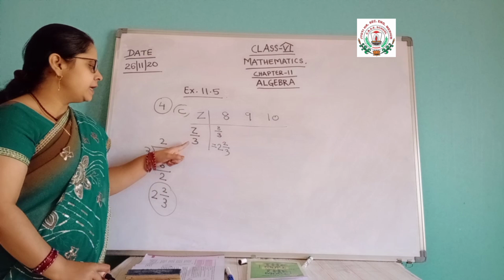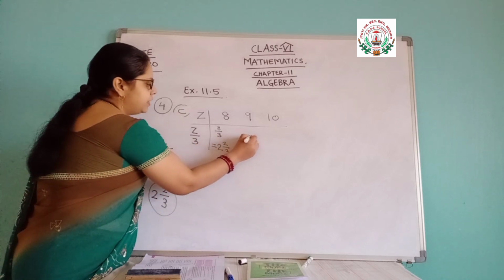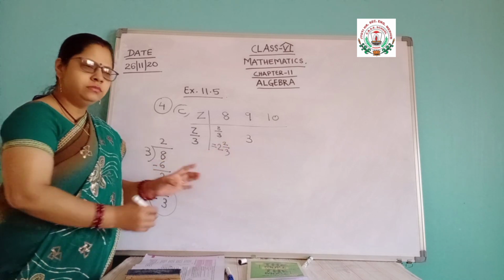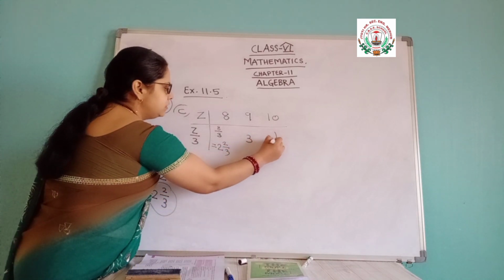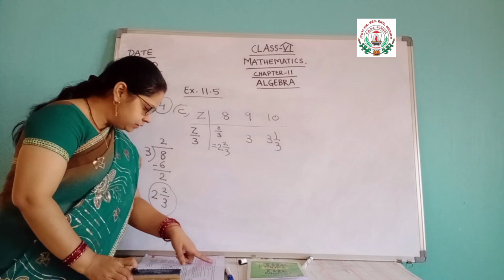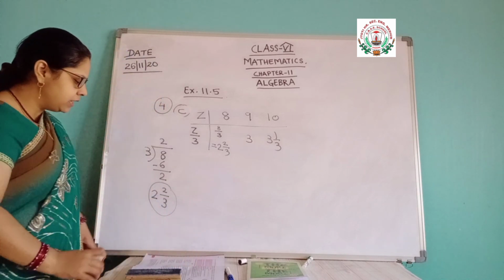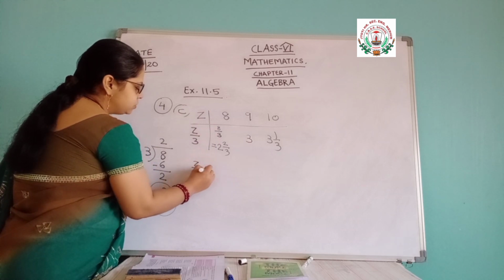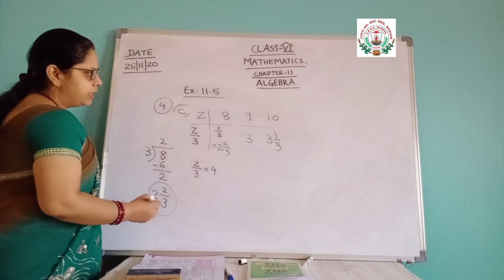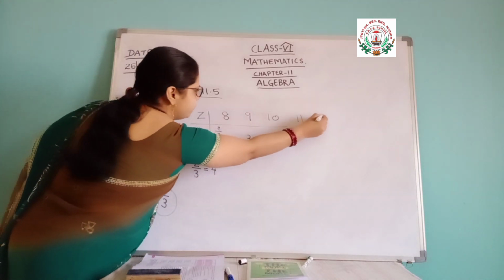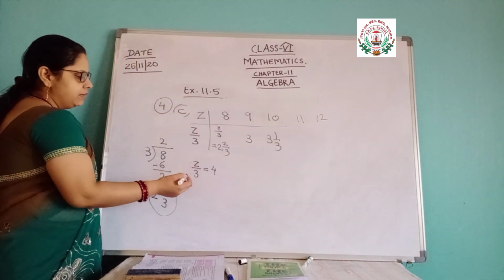Similarly 9 by 3, you already know it is 3. Then 10 by 3 in the same way will come 3 1 by 3. So you have to go on, until for z by 3 you get 4. The value of z is 12, so first you find it for 11 and then for 12.